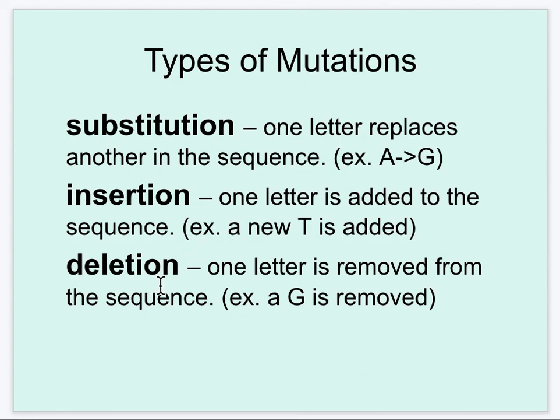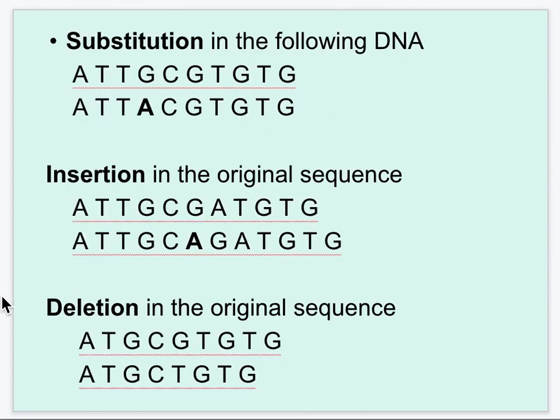And a deletion is when a letter is removed, so there's one less letter than needed. So here are just some examples. Here's a substitution. Okay, an insertion, right? It's one more base pair long, and a deletion, it's one base pair short.